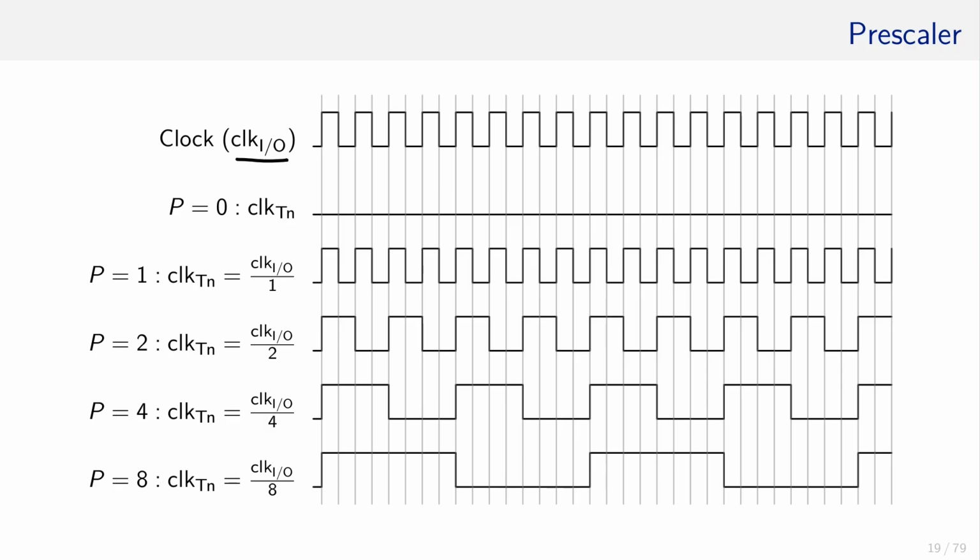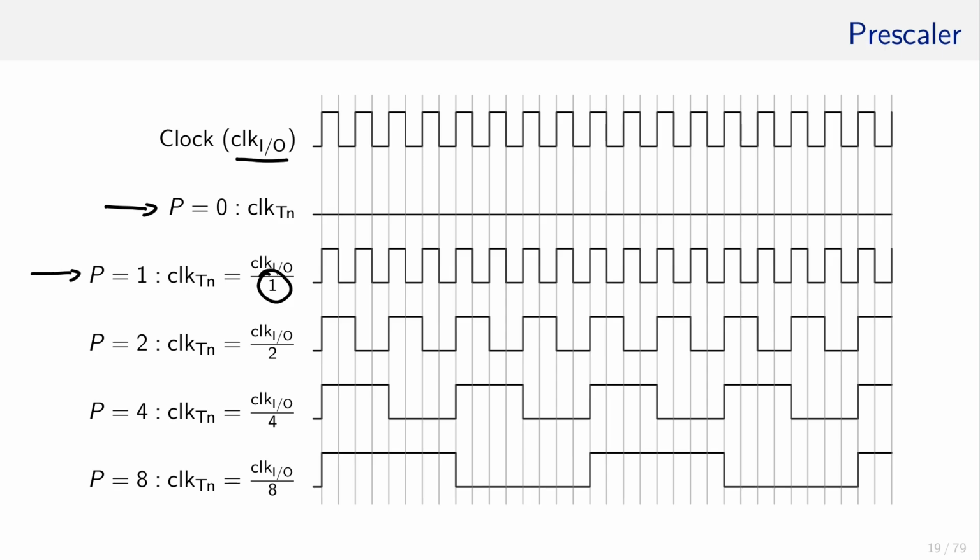It can be set to block the incoming clock entirely, essentially turning off the counter. Or it can leave the clock signal untouched, and hence the frequency of clock Tn is the same as clock I/O. In that case, the prescaler is set to 1, indicated by the denominator here.